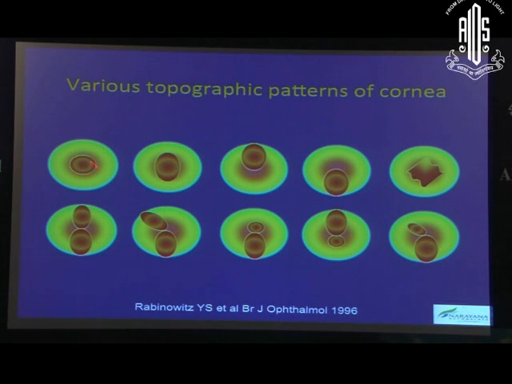You can have round, you can have oval, you can have superior steepening, you can have inferior steepening, you can have an irregular pattern because of dry eye or irregular surface, you can have a vertical bow tie with the rule astigmatism, you can have oblique astigmatism, you can have an asymmetric bow tie with inferior steepening, you can have an asymmetric bow tie with superior steepening, and finally our friend, that's the asymmetric bent bow tie pattern, or asymmetric bow tie with radial skewing. Why did I say our friend?